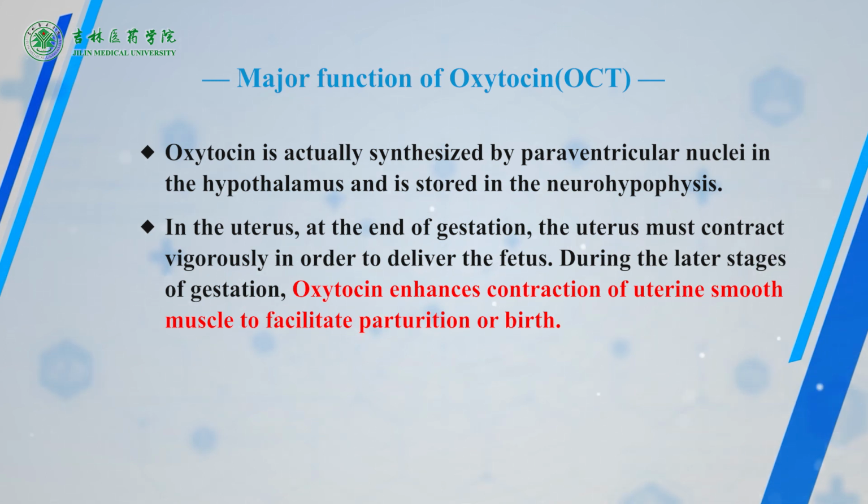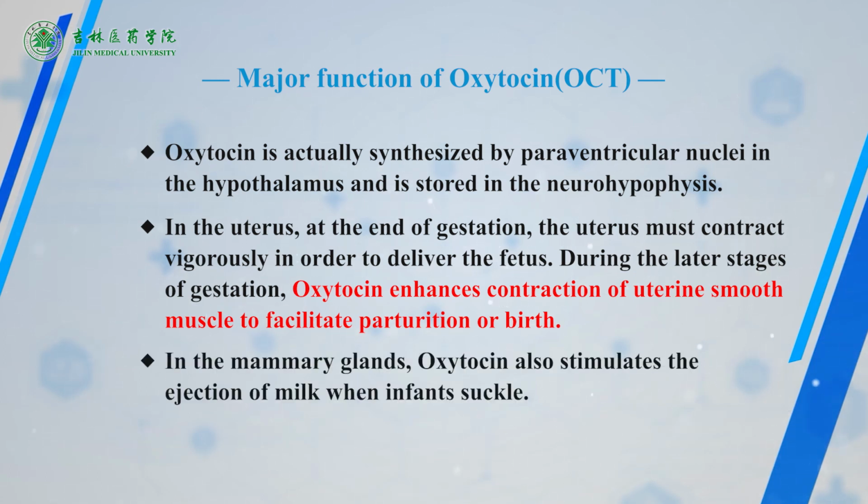During the later stages of gestation, oxytocin enhances contraction of uterine smooth muscle to facilitate parturition or birth. In the mammary glands, oxytocin also stimulates the ejection of milk when infants suckle.